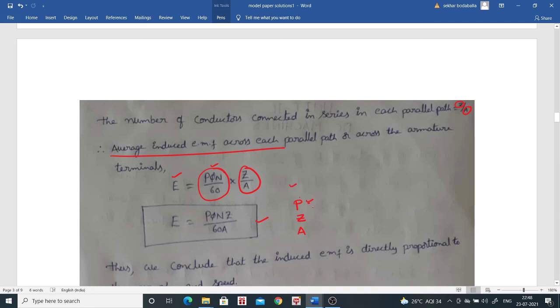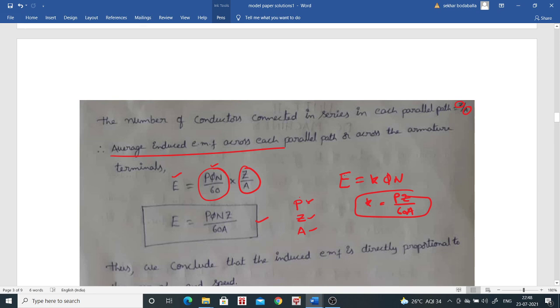So here P, Z and A are constants. So if I make them a single constant, I can write E is equal to K into phi into N. This K is the constant of proportionality, which is Z P by 60A. As it is constant, I can write like this.